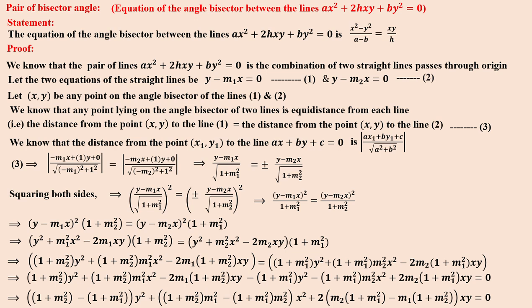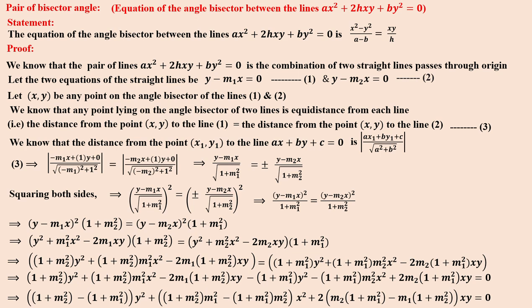Now we are going to group the y square term, the x square term, then the xy term. First the y square term: the first term is 1 plus m2 square y square, then the fourth term is minus 1 plus m1 square y square. So y square is common, take it outside. So 1 plus m2 square minus 1 plus m1 square into y square.